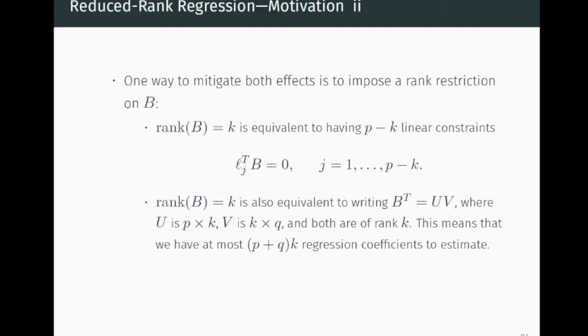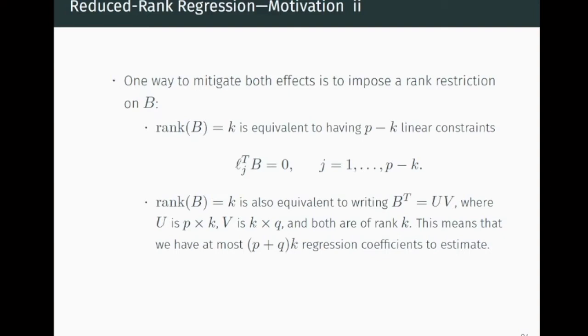And this is equivalent to having p minus k linear constraints. And by linear constraints, what I mean is that we can find vectors lj such that lj transpose times B is equal to 0. Of course, we don't know necessarily those lj's, otherwise we could just rewrite our linear regression.